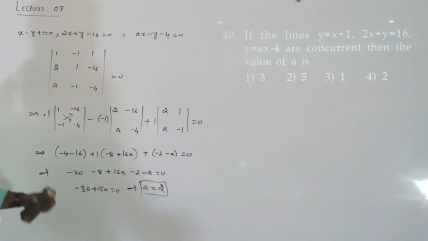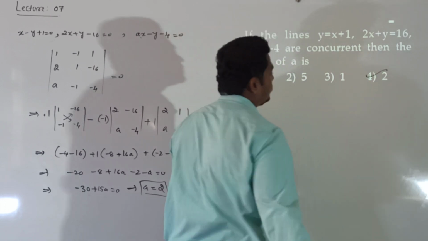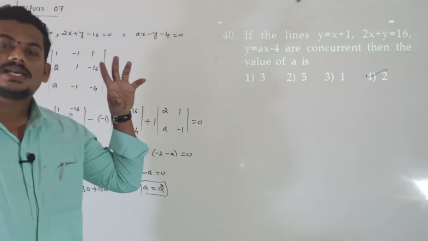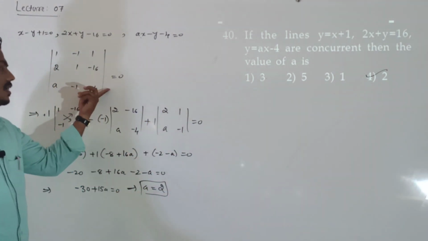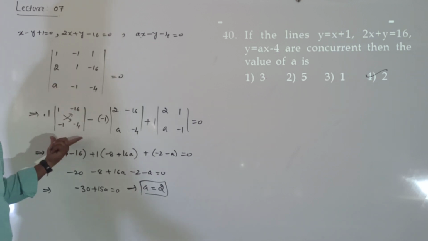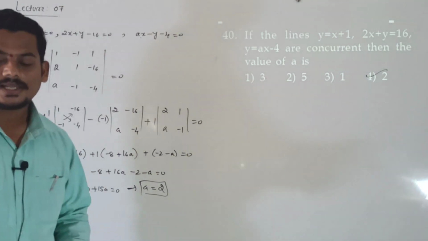If these three lines are concurrent, then the a value is 2, that is the fourth option. If three lines are concurrent, then the determinant of their coefficients is 0. Already you know how to expand a 3 by 3 determinant. This is the procedure to expand a 3 by 3 determinant. After that you get a value 2, right?